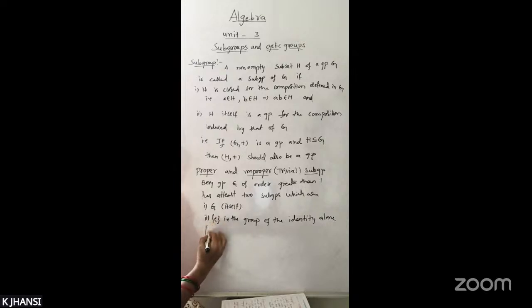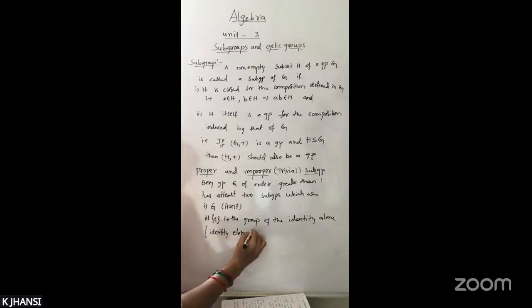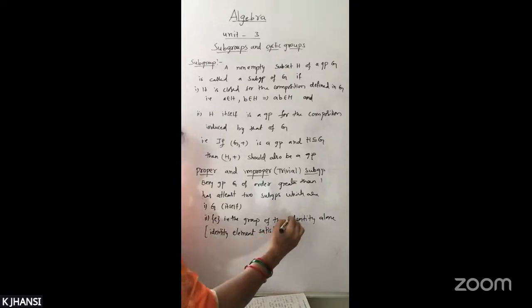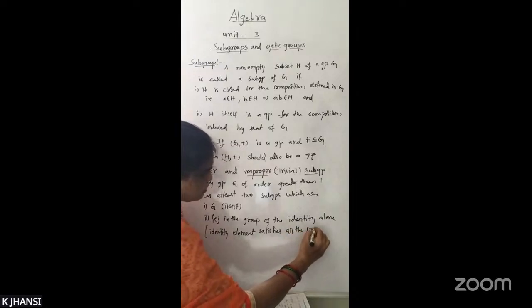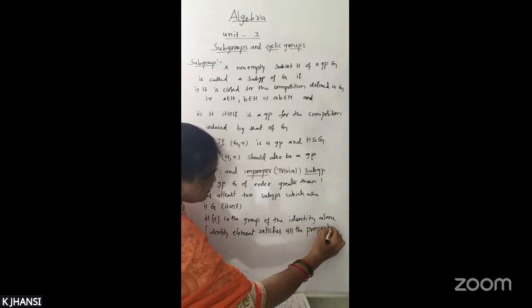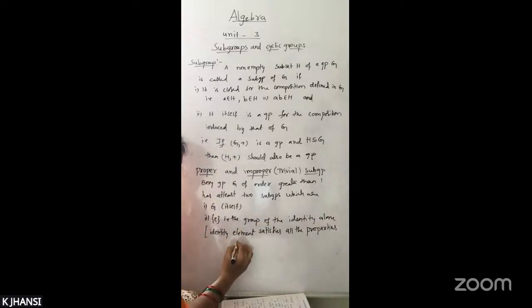Because the identity element satisfies all the properties of a group. So that's why we are taking E as one of the subgroups of the group G here.